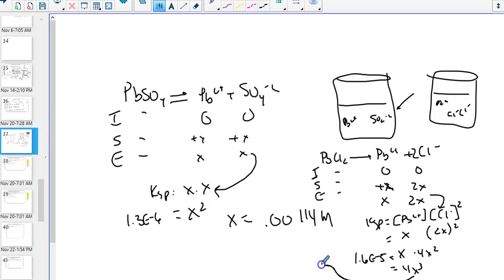Pay careful attention to the algebra here. Divide the 4 out and then cube root. So 1.6e-5 divided by 4, raised to a power of 1/3. I use the caret, to 1 divided by 3 in parentheses, and I get an error.